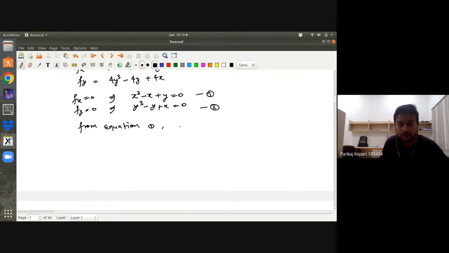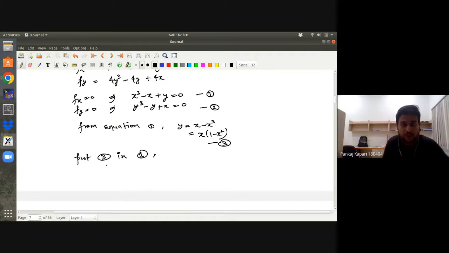From the first equation, we get y equal to x minus x cubed, or we can write it as x times (1 minus x square). Let's call it equation 3, and we put this value of y into the second equation. Put 3 in equation 2.